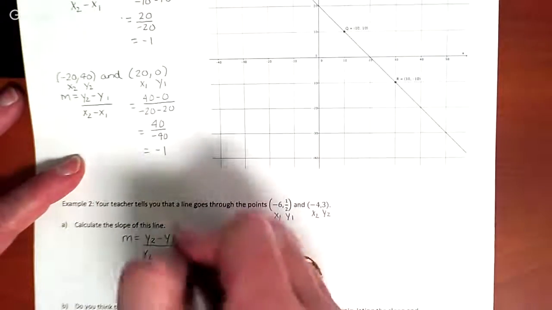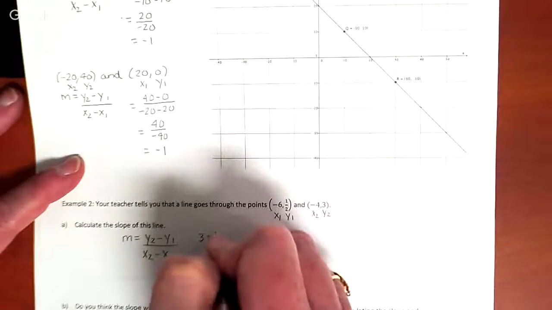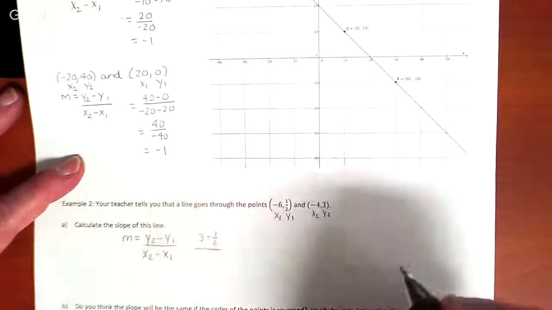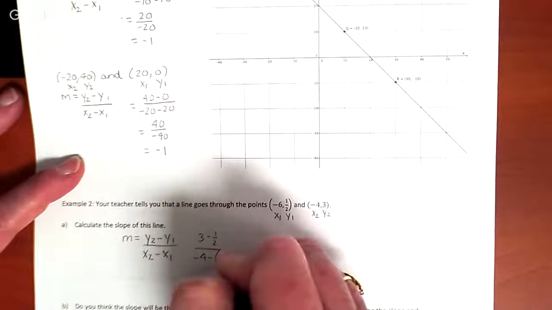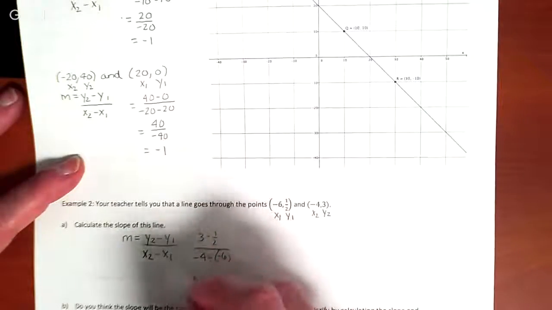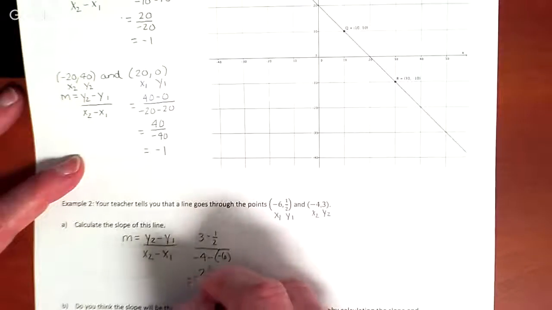So when I substitute this in, I have 3 minus 1 half over negative 4 minus negative 6. So when I substitute this in, I get 2.5 over 2.